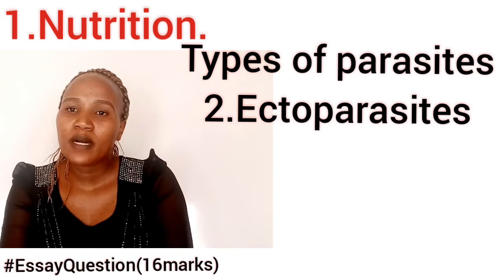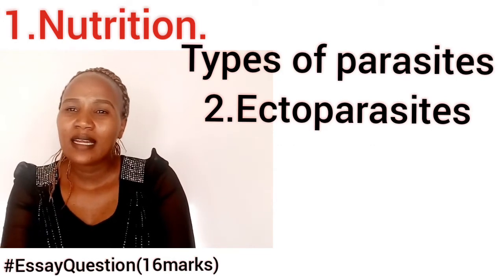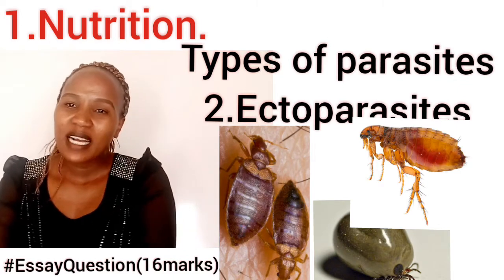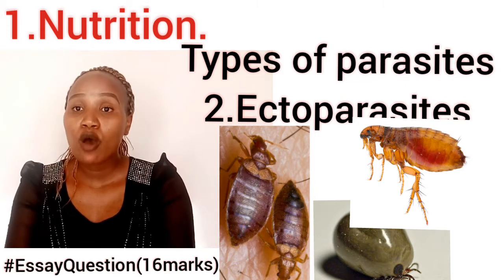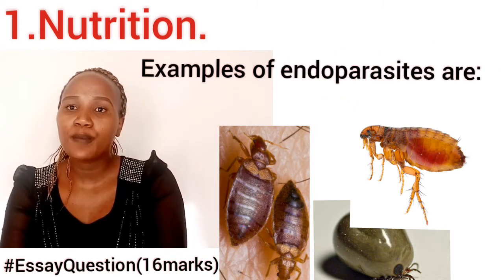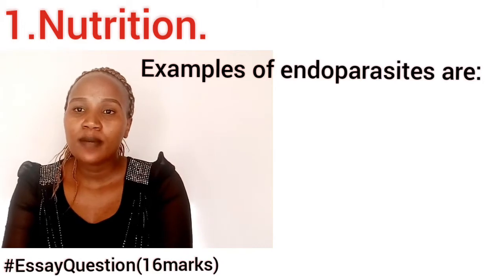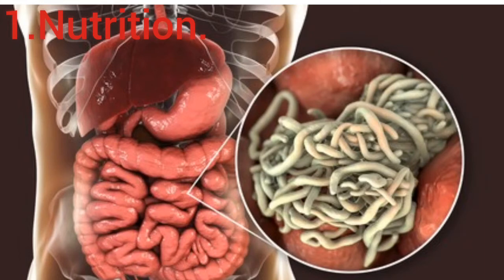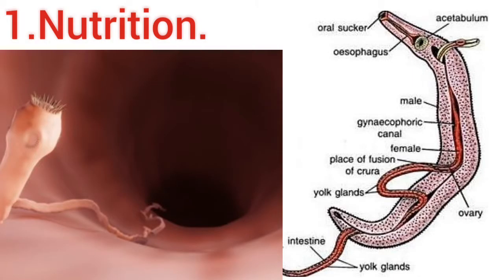Examples of ectoparasites are ticks, fleas, and bedbugs, among others that you might be aware of. Examples of endoparasites may include the plasmodium. They come in different species. We have the tapeworms, and we know there are many worms that are found in the body of a host, and to mention but a few, the schistosoma, among others.